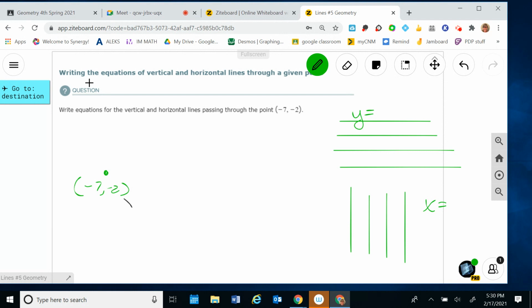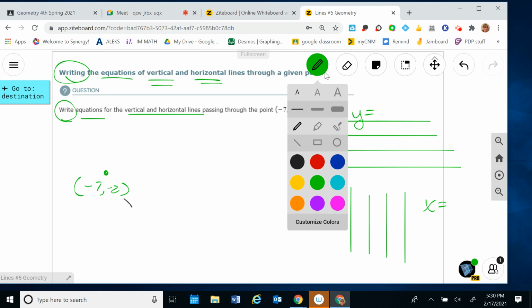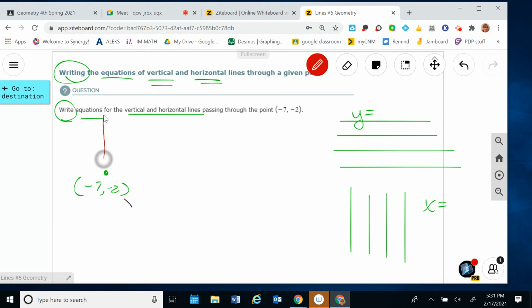What this question is asking, it says writing the equations of vertical and horizontal lines through a given point. Write equations for the vertical and horizontal lines passing through the point -7, -2. What it's really asking you is like these are the crosshairs of this point, okay?